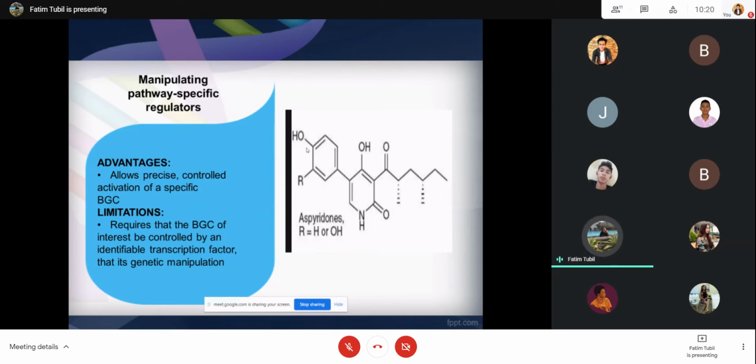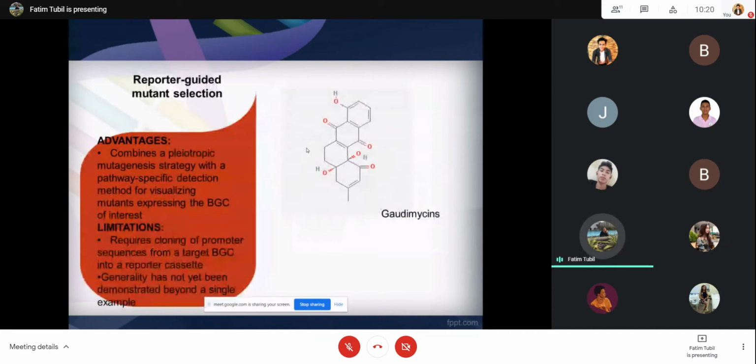This is an example of compounds being developed using manipulating pathway specific regulators. The next method under pathway specific is the reporter guided mutant selection.